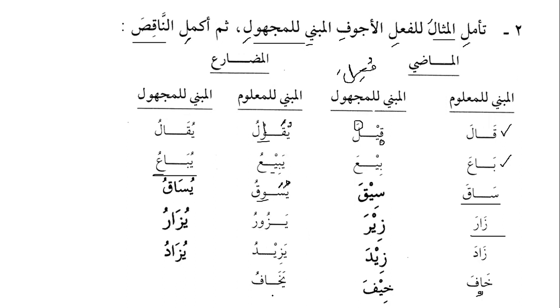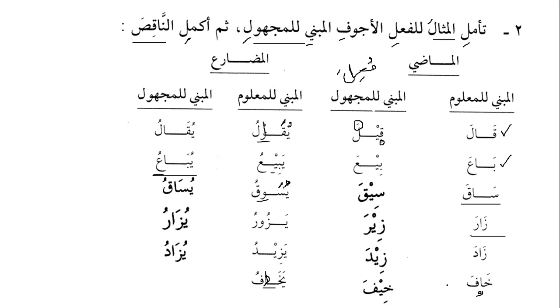Samia yasma'u. So if you don't see waw or ya in the present tense, that means it is also on the pattern of qala yaqulu. The waw is there, but it cannot be shown here because it is basically yakhwafu. When we have yakhwafu, the fatha is transferred to kha and the waw becomes sakin, and when waw is sakin and there is fatha before it, it changes into alif. That's why it is yakhafu.